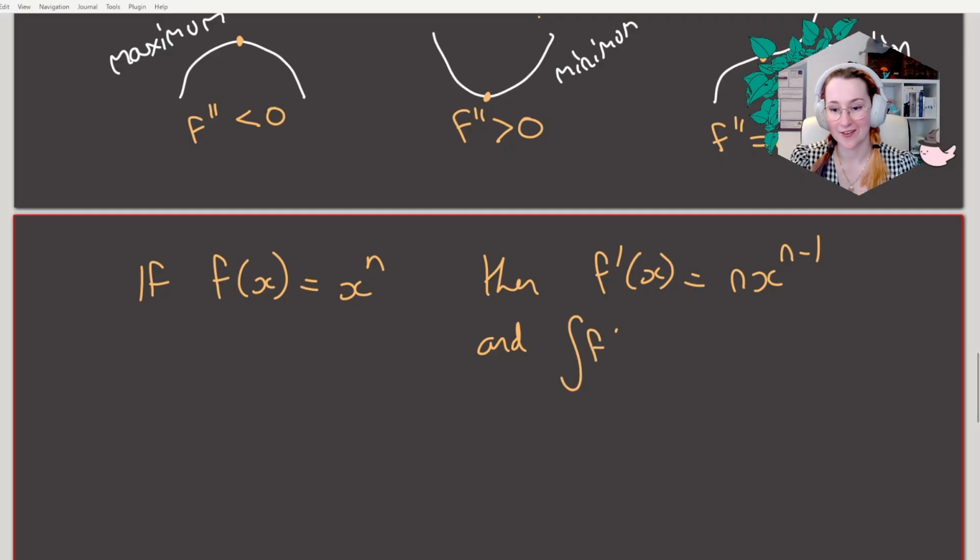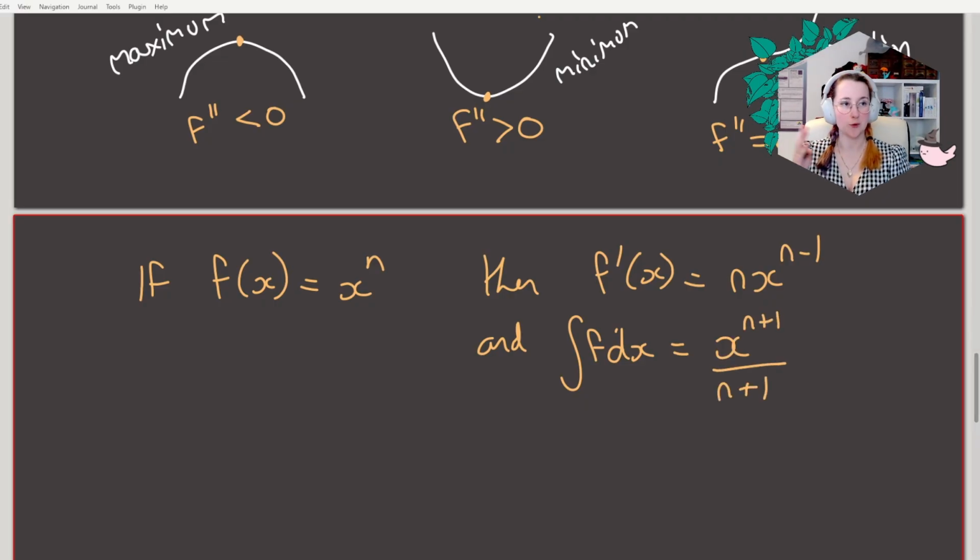So the integral of f dx is x to the n plus 1 over n plus 1. So generally speaking, when dealing with polynomials, when you differentiate, you take the power down and multiply and then subtract 1 from the power. And when you integrate, you do the opposite. So you increase the power by 1 and then you divide by the new power. So it's sort of a mix and match. It's very easy to forget what order to do things in. And then technically we're supposed to have a constant there as well.